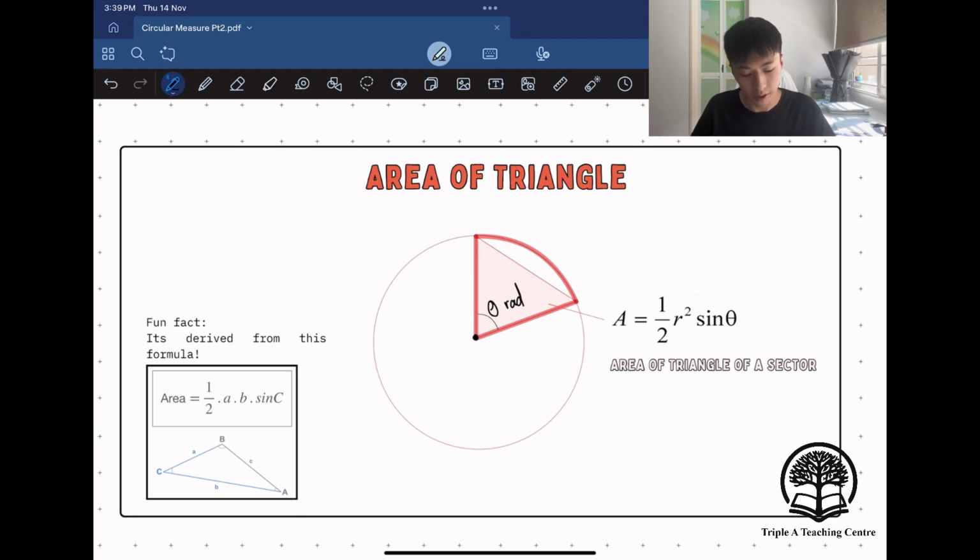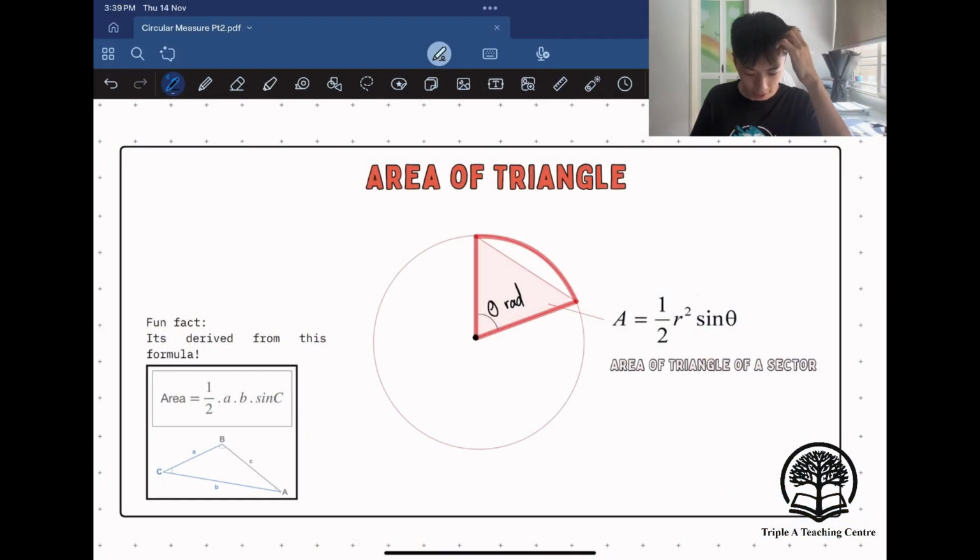So it's important that your calculator is set correctly. On your calculator, you press menu, you press setup, and then you go to angle unit, and then you press radians. Remember that the angle unit in your calculator must be in radians in order for you to get the correct calculation.